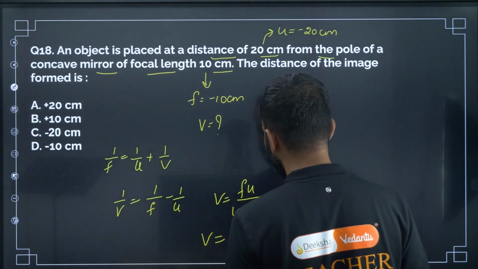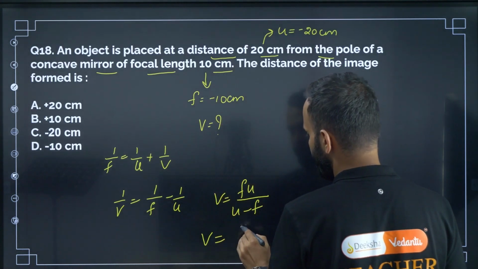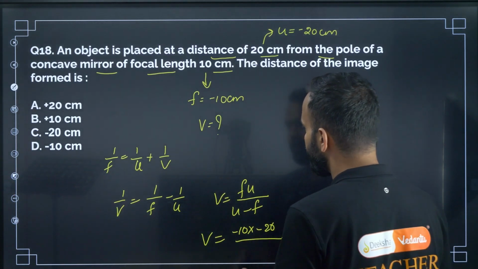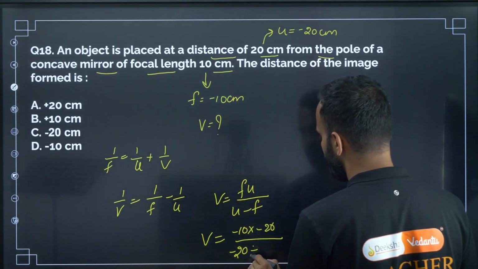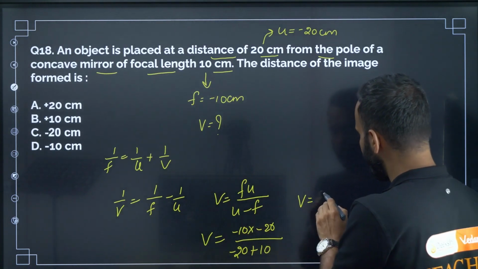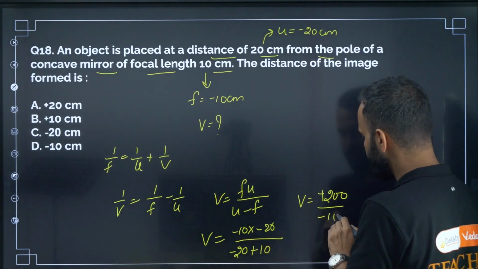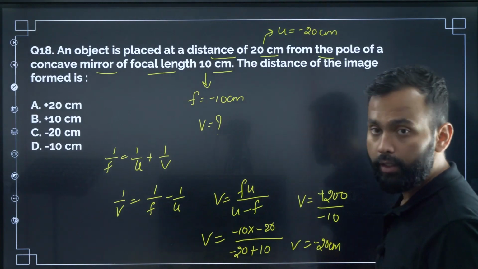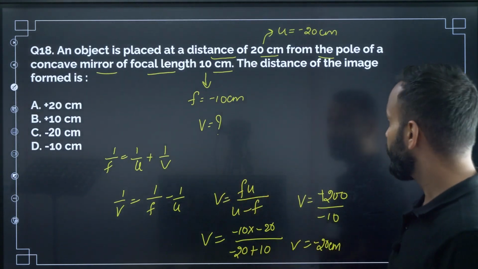Here f into u is minus 10 into minus 20, divided by u minus f. U minus f is minus 20 plus 10, that is minus 10. So v equal to plus 200 divided by minus 10, so v equal to minus 20 centimeter. Or, without solving this, you can find out the correct answer. How?